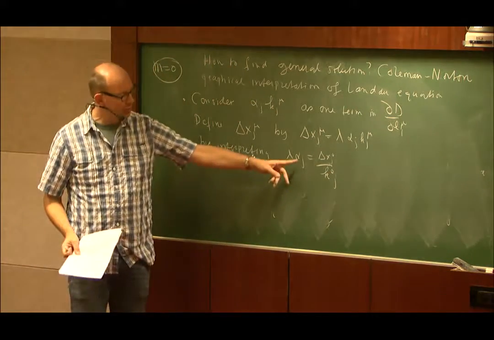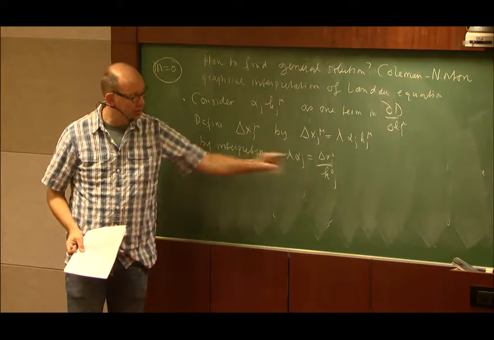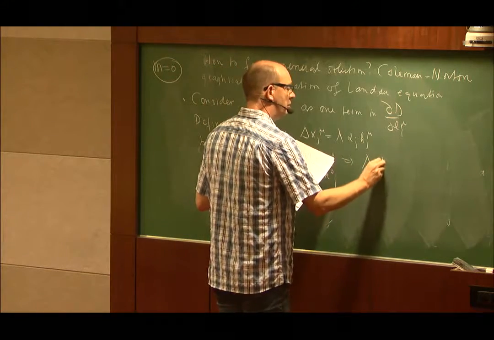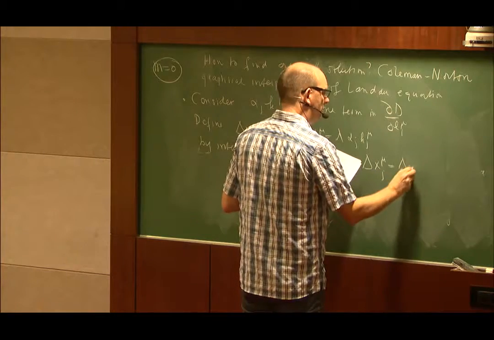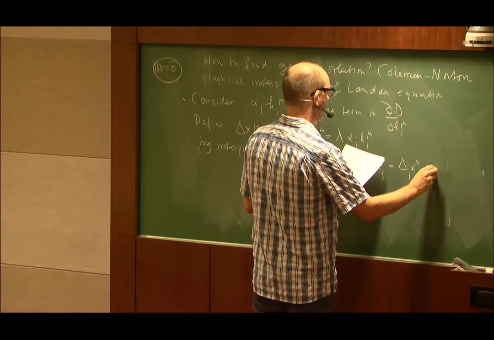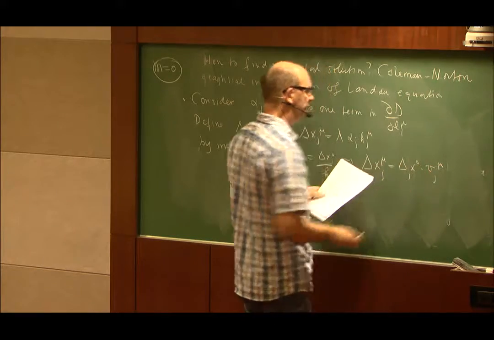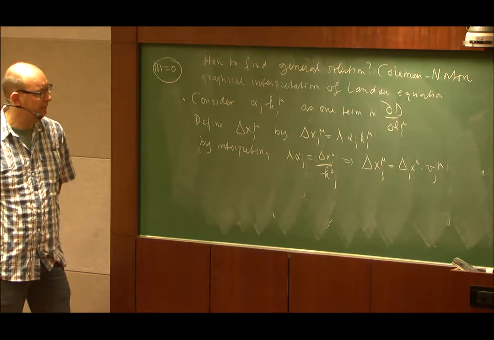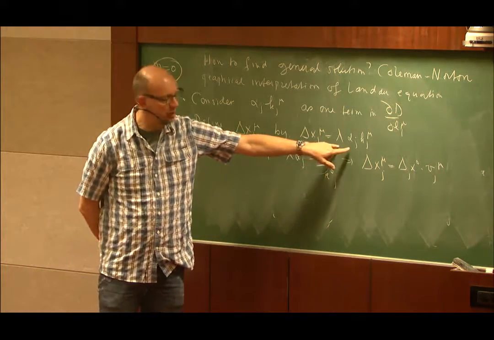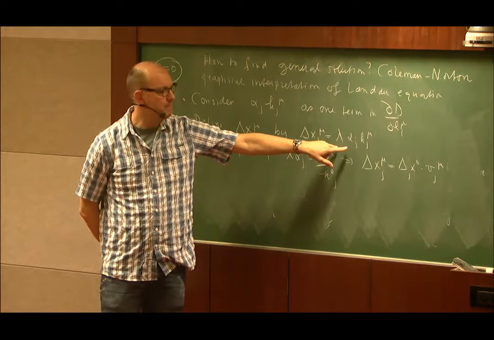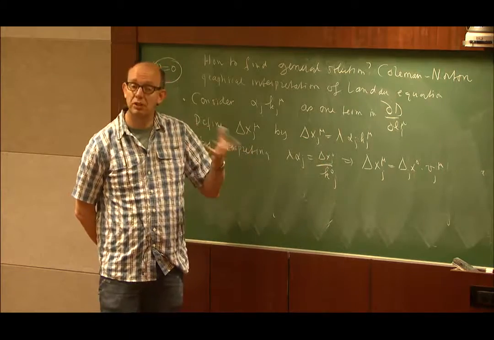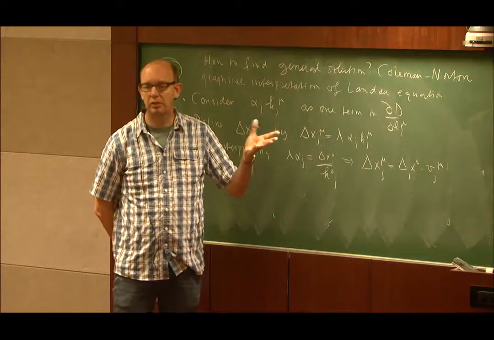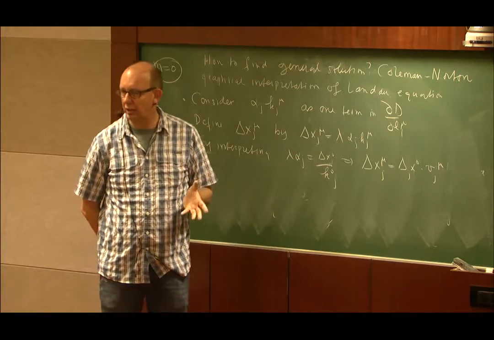So I choose lambda and interpret alpha such that I think of it in those terms, and this means that I can write delta x mu as a time component times a four-velocity. This is basic special relativity. So just by having a different interpretation of the Feynman parameter times lambda, I can assign some kind of space-time displacement to this alpha j kj. At the moment it's a bit mysterious why I would do that, but I can do it.